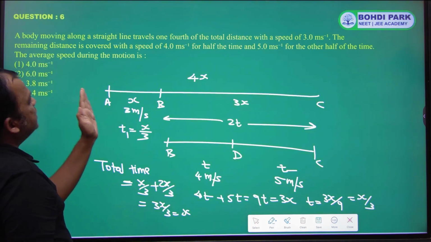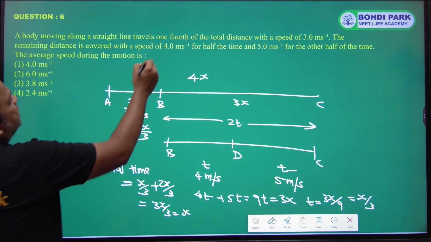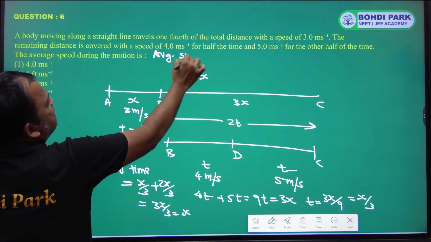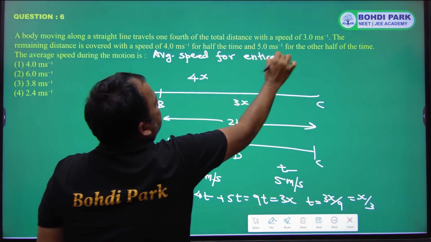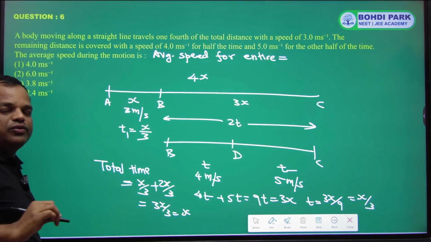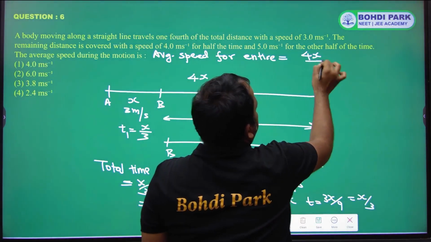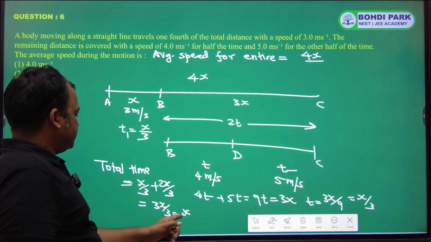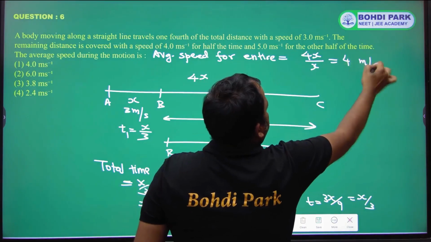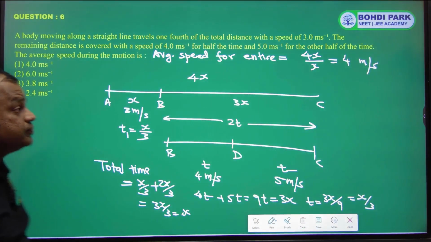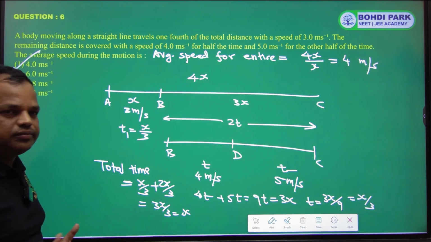And what is the total distance? 4x. So average speed for entire journey is equal to total distance by total time. So 4x by total time, which is x. So we get 4. Answer is 4. Done. Now next question.